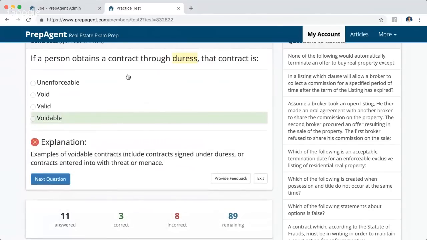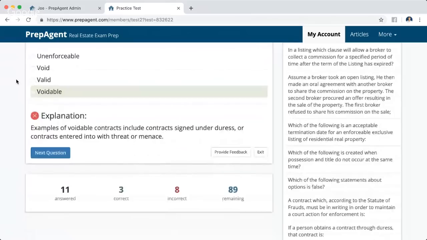Okay, and the answer is voidable. Good. So the moment you see the word threat or duress or pressure, anything that alludes to pushing somebody to do what they don't want to do, you must circle voidable. Everybody got it? The answer is voidable.